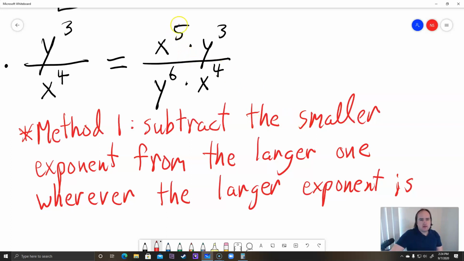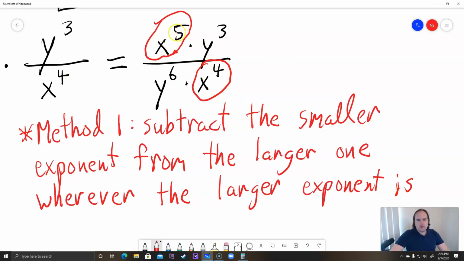Basically here, with the x's, you can only combine the same variable. So you have x to the 5th and x to the 4th. You subtract the smaller exponent from the larger one, and you do that wherever the larger exponent is.